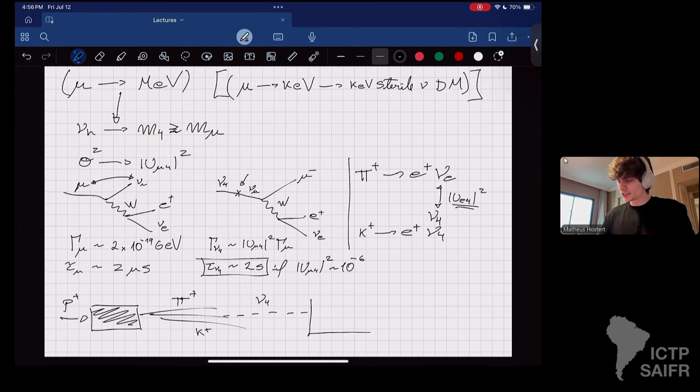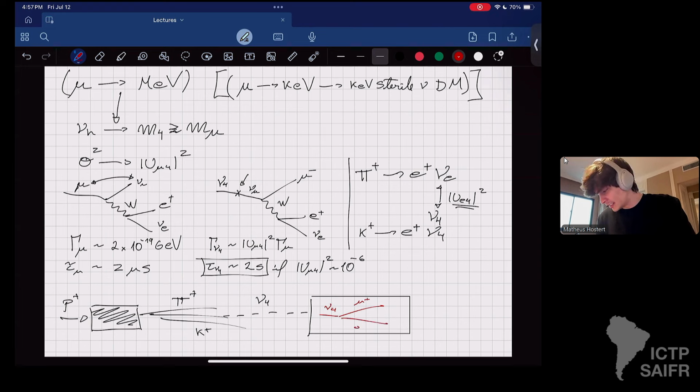And then at your detector far away, that nu 4 can come in, being basically invisible, and decay into, for instance, a mu plus and an E minus, like we have here, or a mu minus and an E plus.